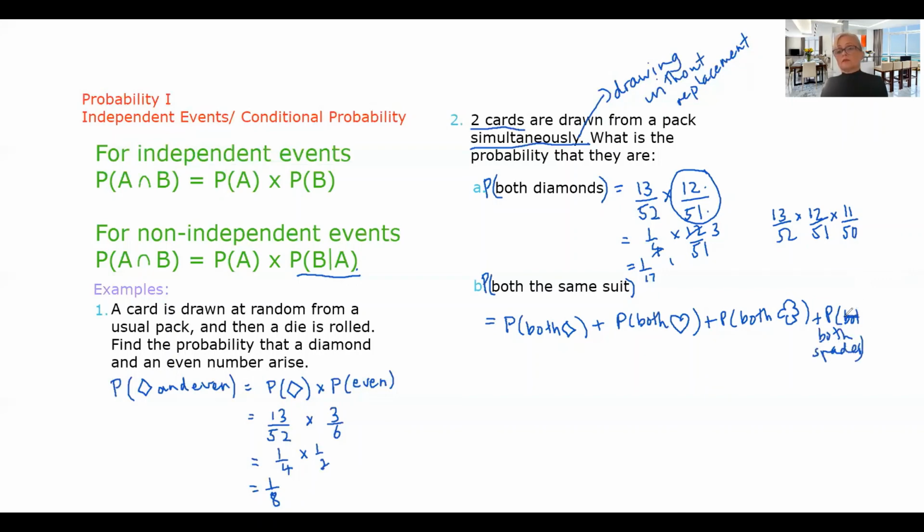All right. Now, we've already worked out the probability that they're both diamonds, and there's no logical reason why these wouldn't actually all be the same. So we're just going to get 4 on 17.